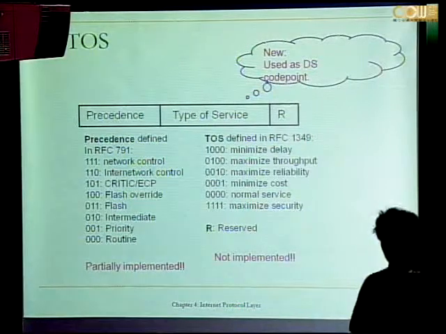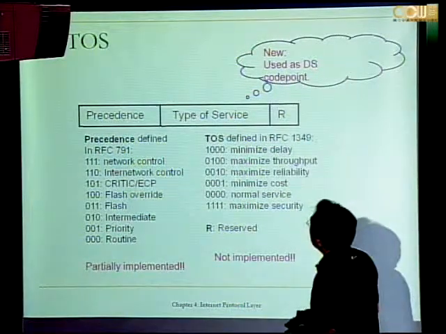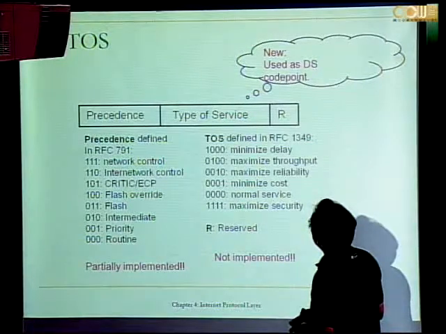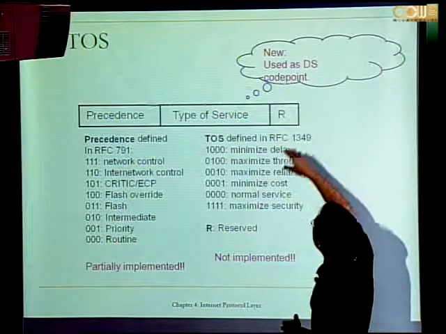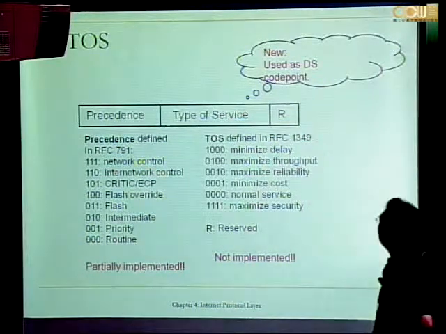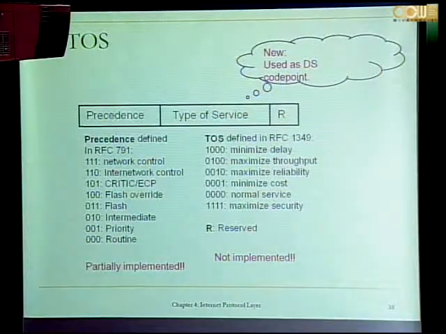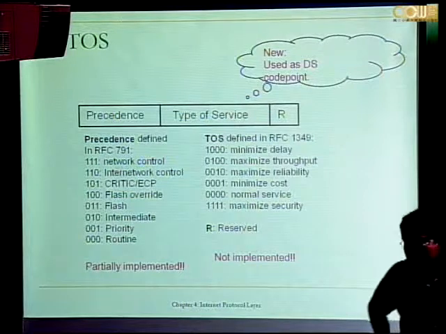IETF tried to redefine TOS by the so-called differentiated service code point, DSCP. And you will see that in Chapter 7.